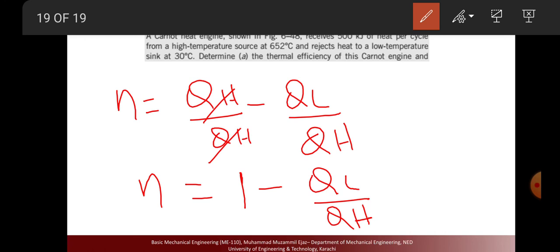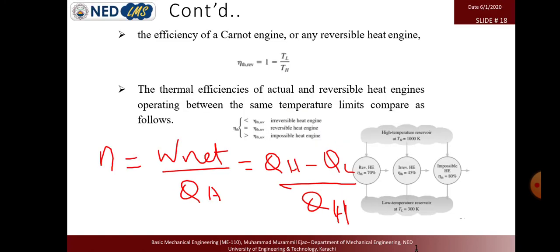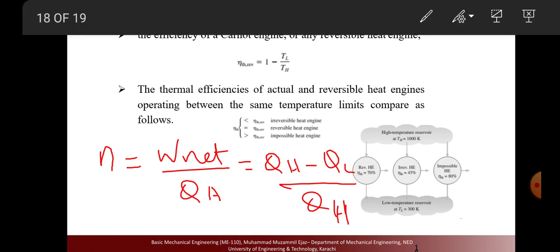Now the formula is derived. In previous slides we had the formula for efficiency, W net over QH. We open W net as QH minus QL, with QH in the denominator.